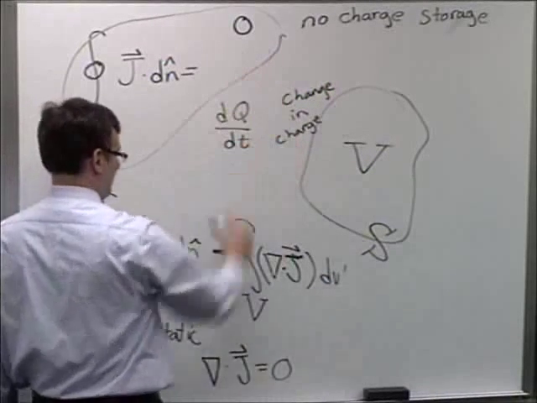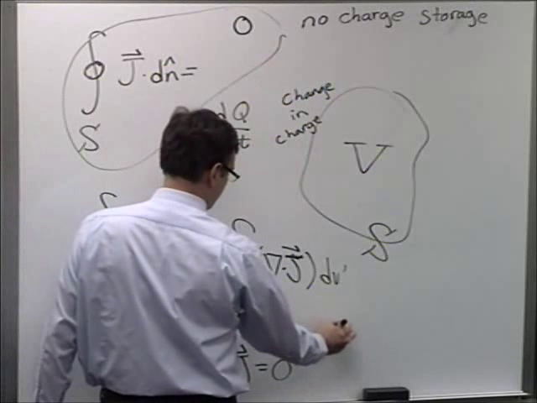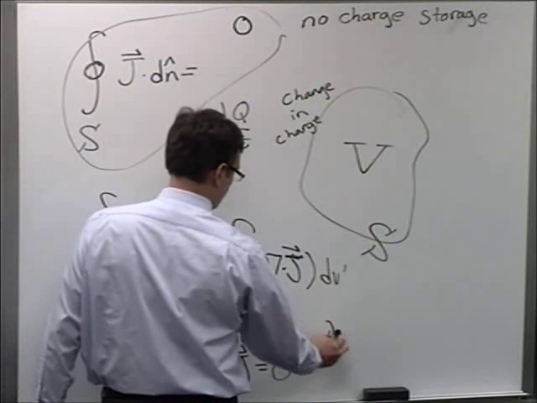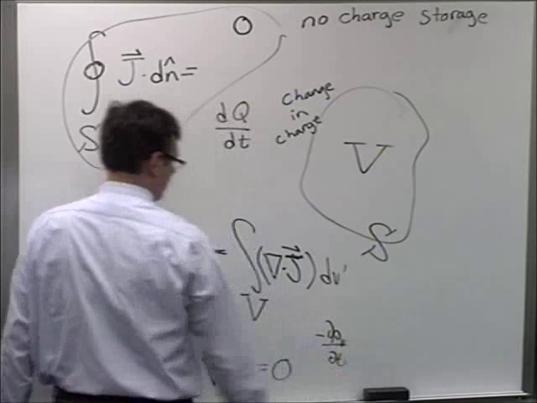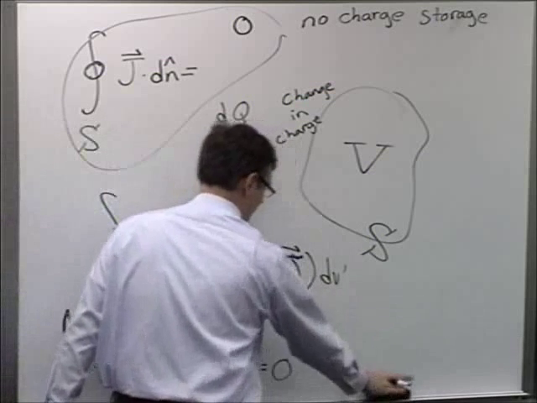That's case number 1. If it's case number 2, then this is actually the change in volume charge density instead. But we're not going to get to that point, so don't bother with that.